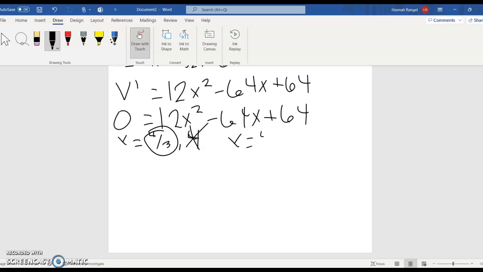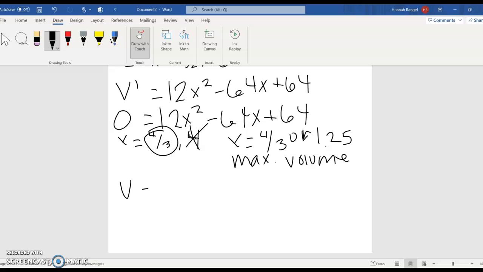So x equals 4/3 or 1.25 is our maximum volume. Okay, so then you have to plug it back into the original equation.